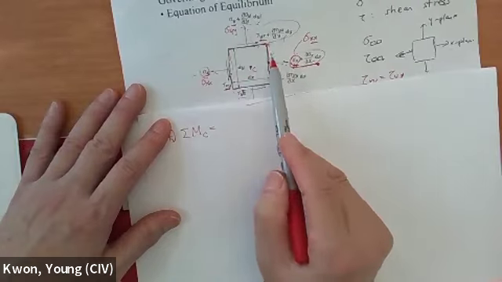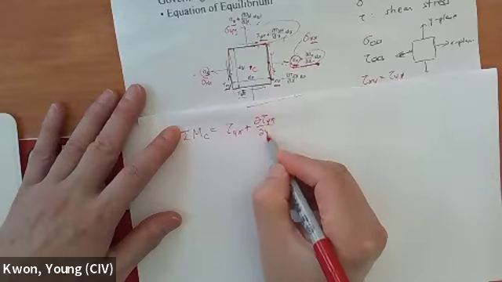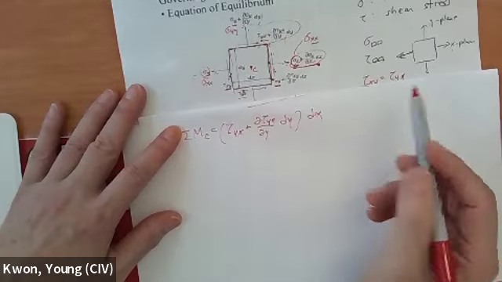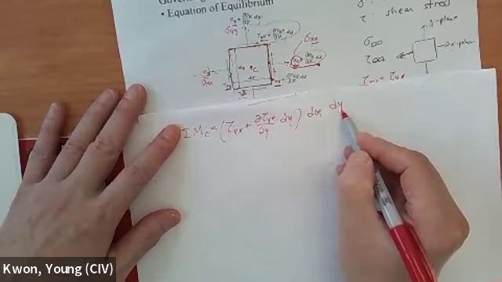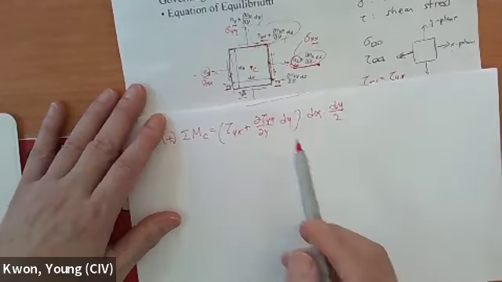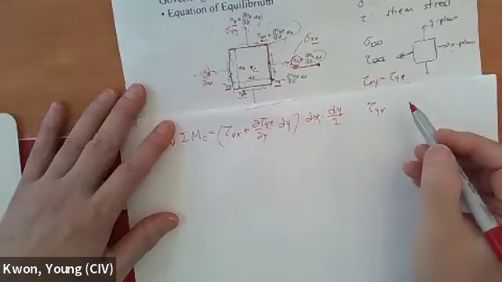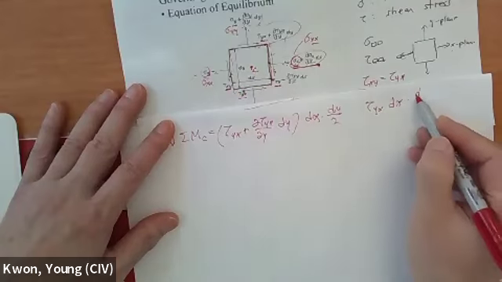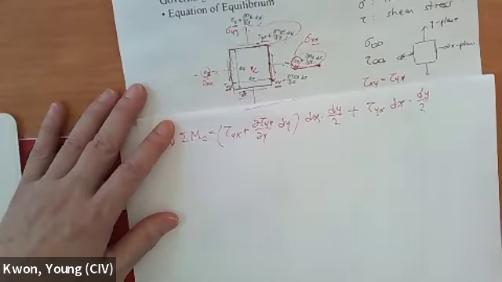So look at this one: tau sub yx plus partial tau sub yx partial y dy, and area dx, and the moment arm is dy over 2. And this one, tau sub yx, again area dx, and the moment arm is dy over 2, and this one produces clockwise moment, so positive.